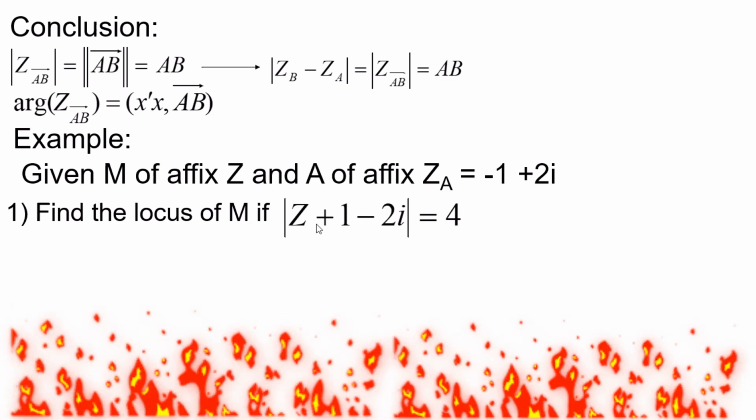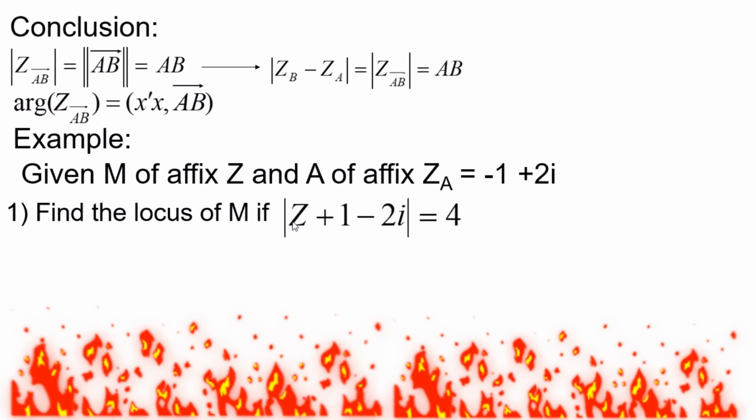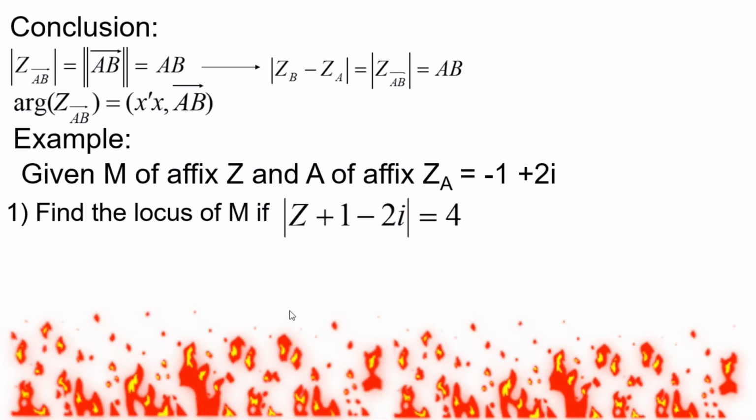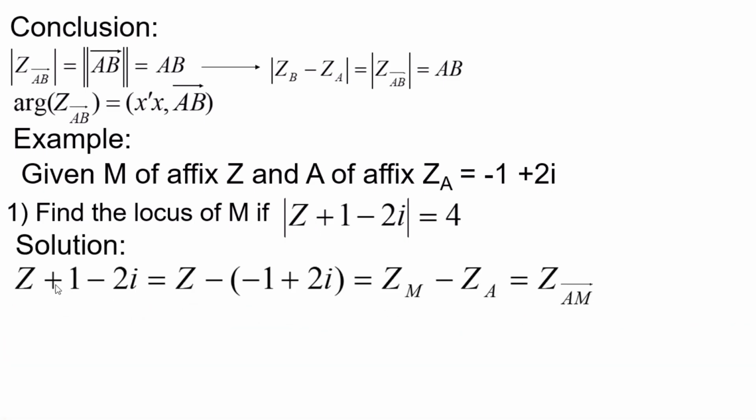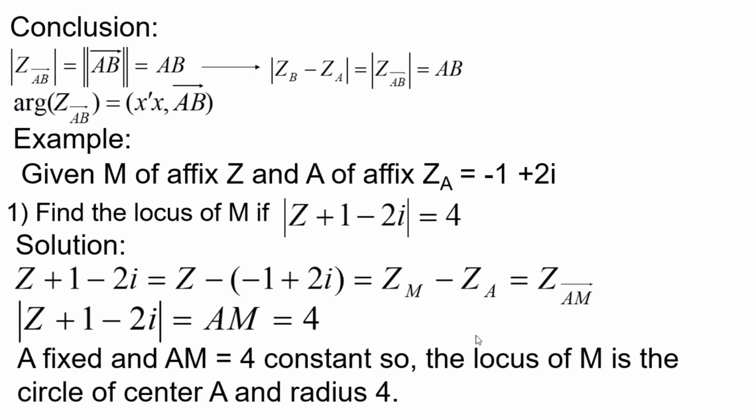This is z of A. Then here we have the modulus of z M minus z A, so z M minus z A equals z AM. The modulus of z AM equals AM. AM equals 4, given. A is fixed, M is variable, AM equals 4. The locus of M is the circle of center A and radius 4.